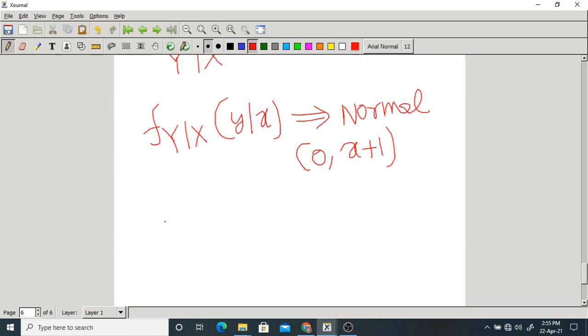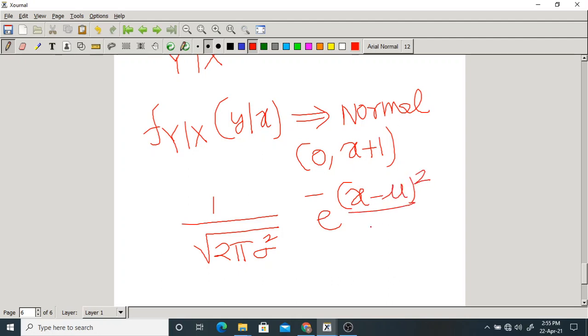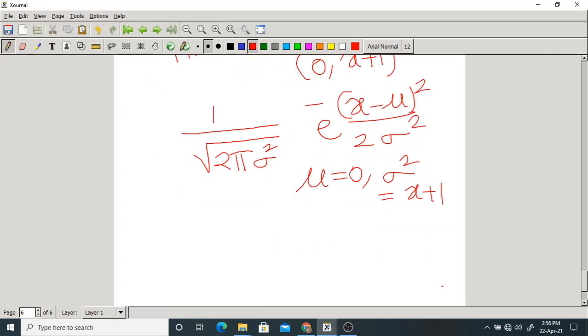Now let me write the normal random variable PDF. What is that generally? 1 by root 2 pi sigma square e power minus x minus mu whole square by 2 sigma square. Here mu is the mean, sigma square is the variance. But here mu equal to 0, sigma square equal to x plus 1. So wherever there is mu, write 0, and wherever there is sigma square, write x plus 1.